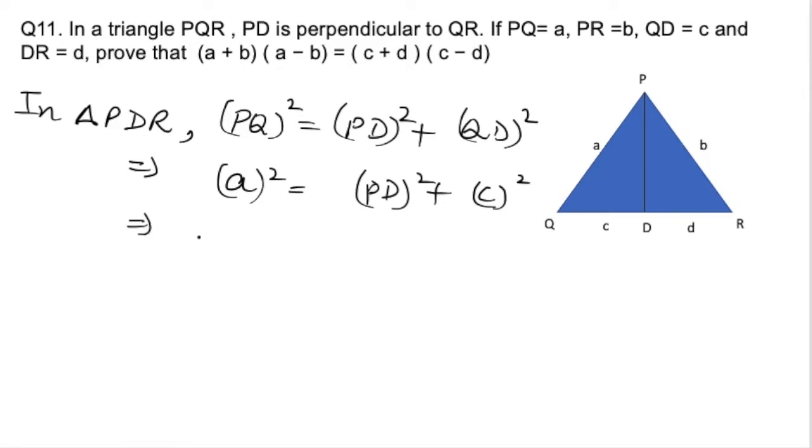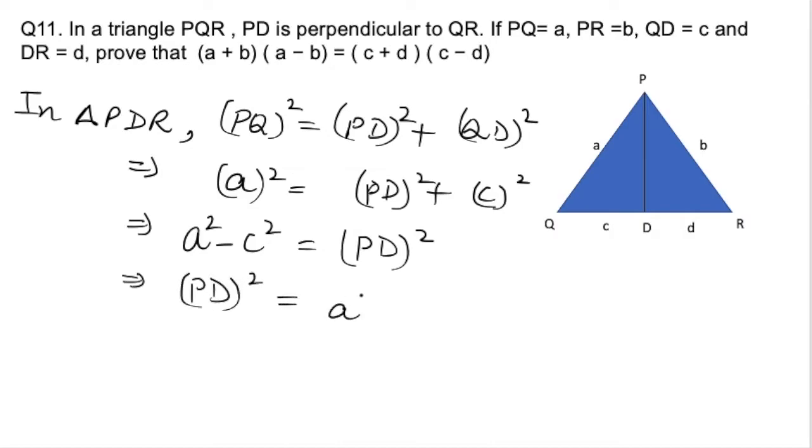Let's bring C on the other side. We can write this as A square minus C square is equal to PD whole square, which can also be written as PD square is equal to A square minus C square. So let's put this equation as number 1.